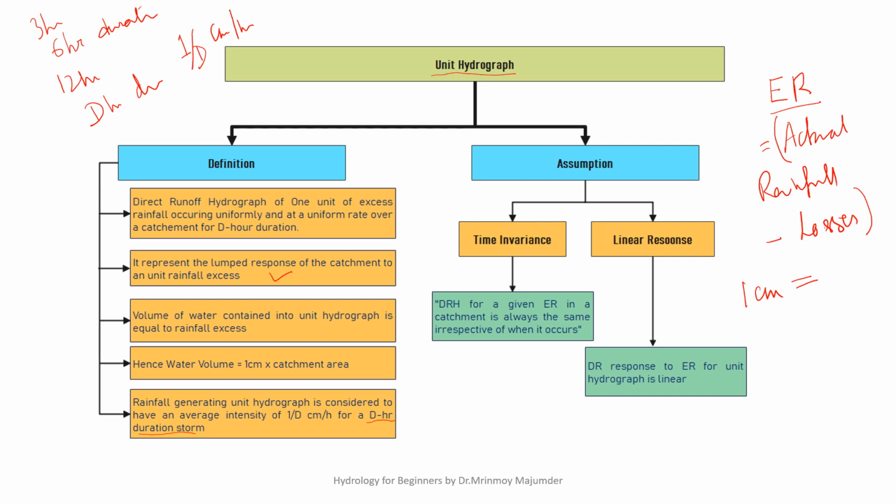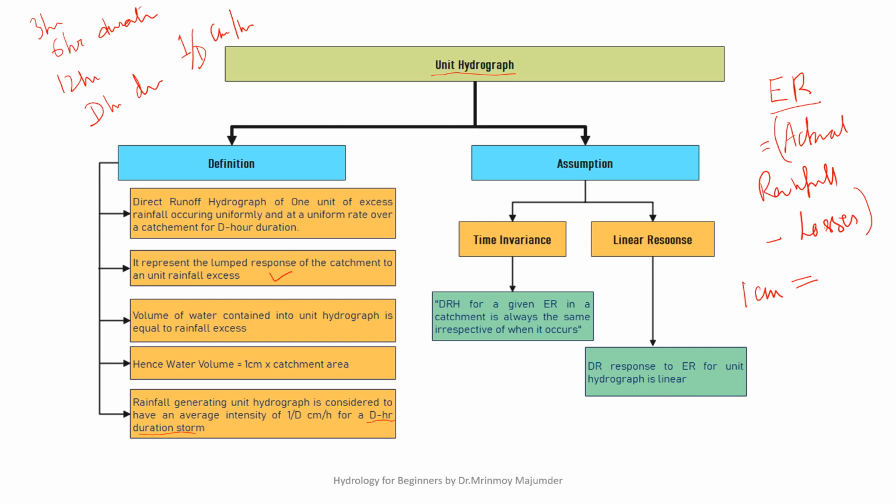First thing is that this 1 unit of unit hydrograph is generated due to 1 unit of excess rainfall for d-hour duration. This duration is not for the hydrograph. This duration is for the excess rainfall.